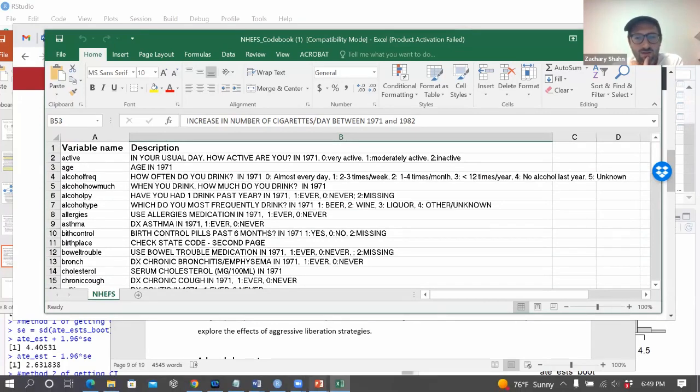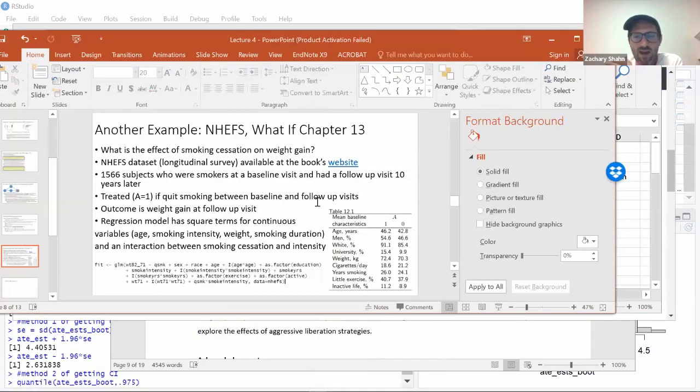And what the authors of the book did, and what they acknowledge, is a half-hearted analysis that they invite you to improve upon. They make this table of covariates that seem to differ significantly between the treated and untreated groups at baseline. So age, sex, ethnicity, education, weight, smoking intensity, number of years that they had been smokers, whether they exercised, and I guess this seems related, but inactive life was another covariate.